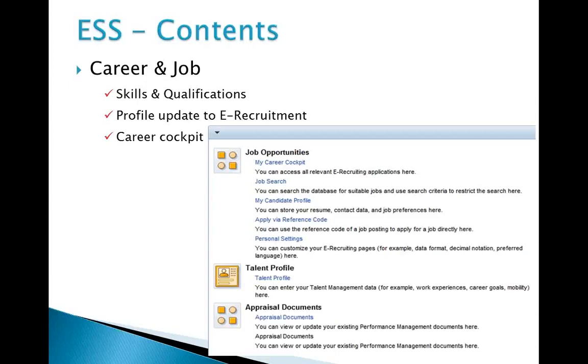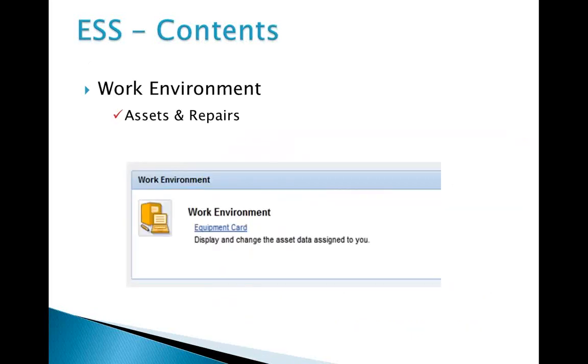Here in career and job, we are going to check job opportunities, talent profile, and appraisal documents, and the employee can update his skills and qualifications. This is integrated with personal development, the performance management system, e-recruitment and the talent management concepts.